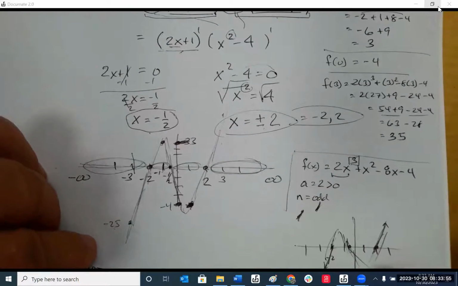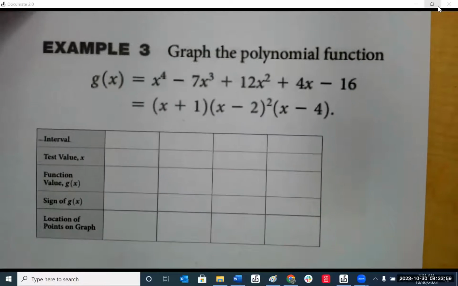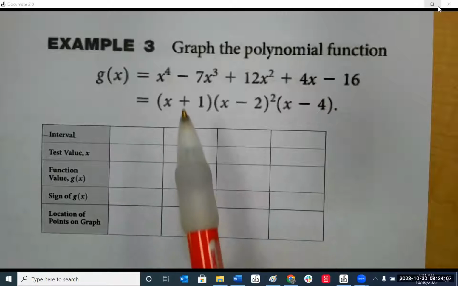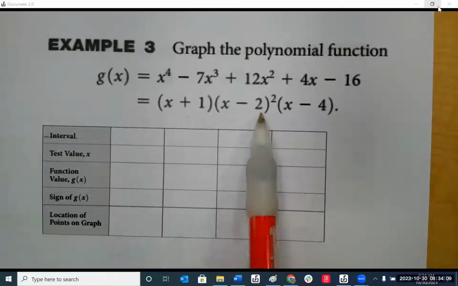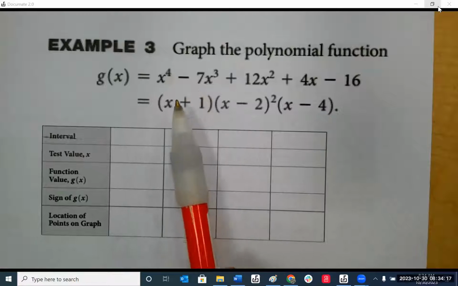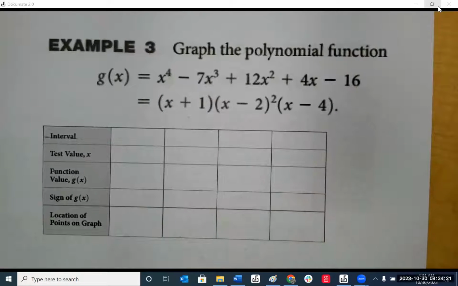Let's look at example 3. Section 3 will be the last time I'll give you this, because what we're going to do in section 4 is give you this equation and you're going to factor it yourself.